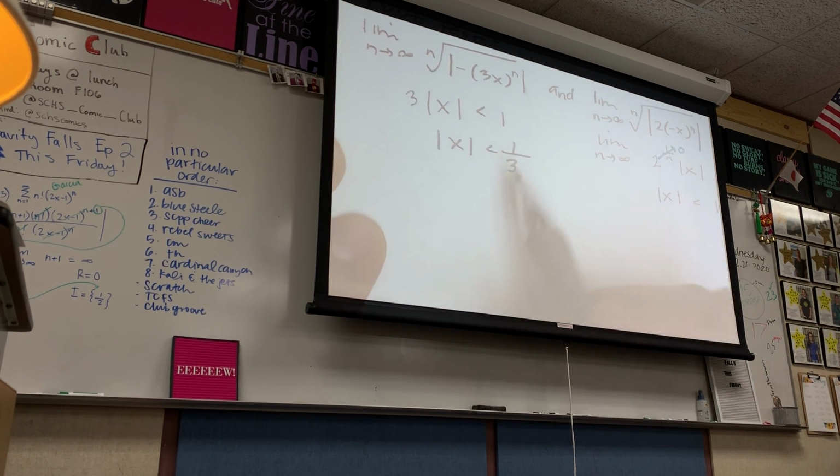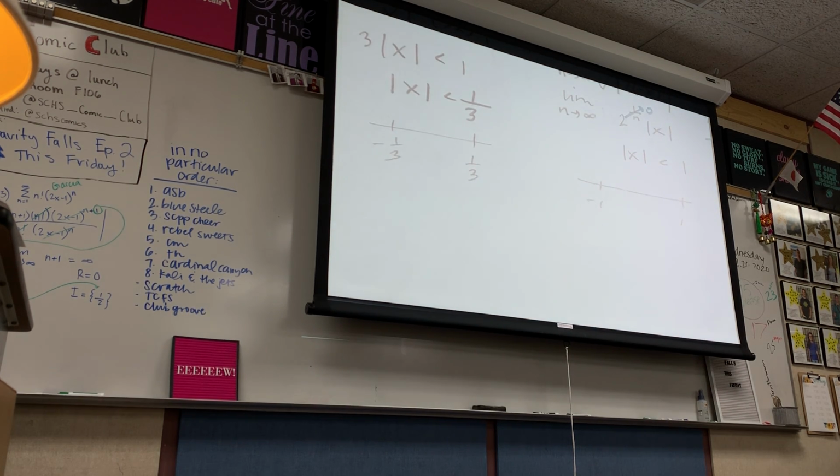If this potentially only is convergent from negative 1/3 to positive 1/3, but this guy goes from negative 1 to 1, we're looking overall for an interval of convergence. Again, this one only potentially converges in this window. This one potentially converges here. But if you're looking overall, would you guys think to take the smaller or the larger?